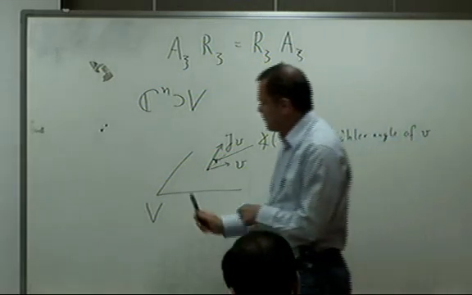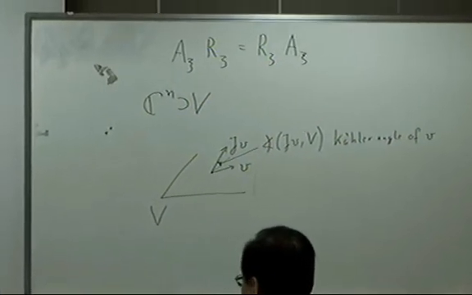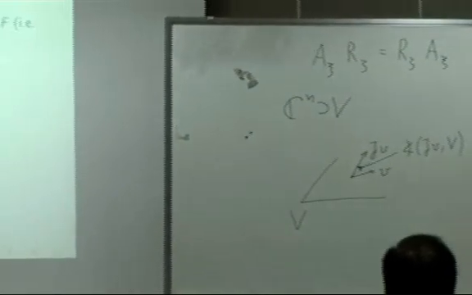Now, one says that the subspace V has constant scalar angle if this angle is independent of the choice of the vector V.